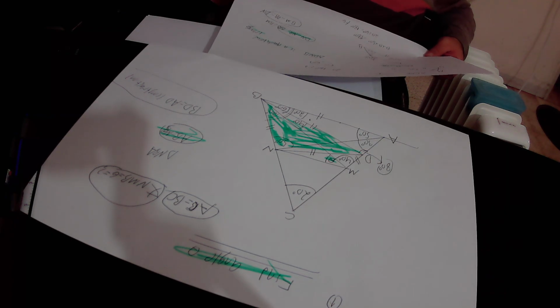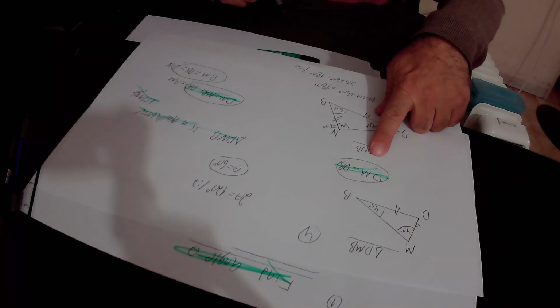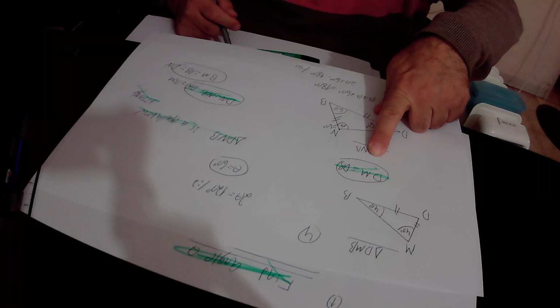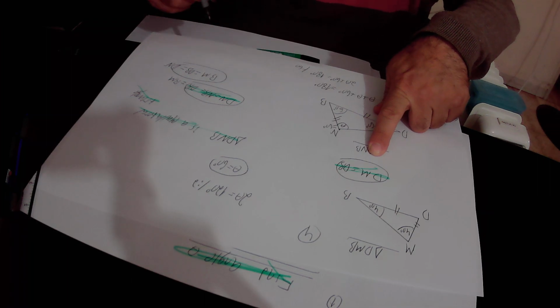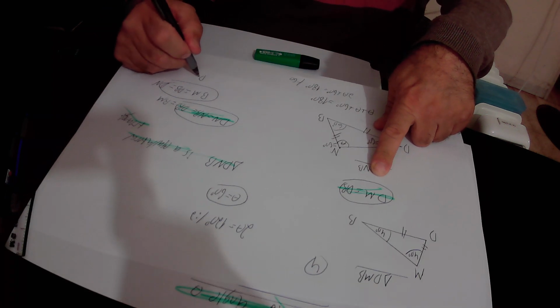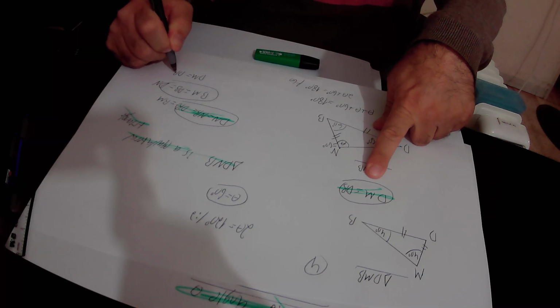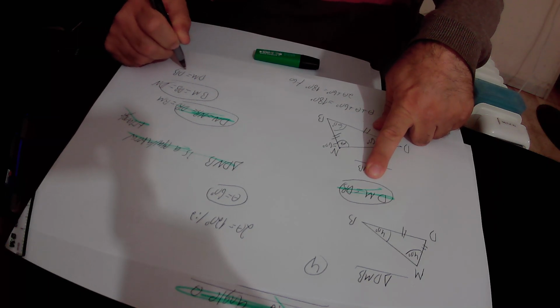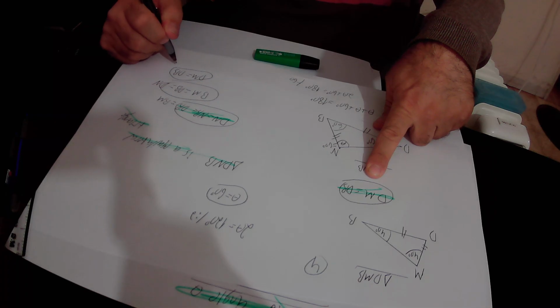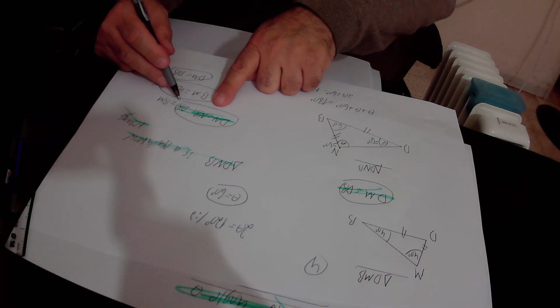Again, DM equals DB from one side, but from the other side, DB equals NB equals DN.